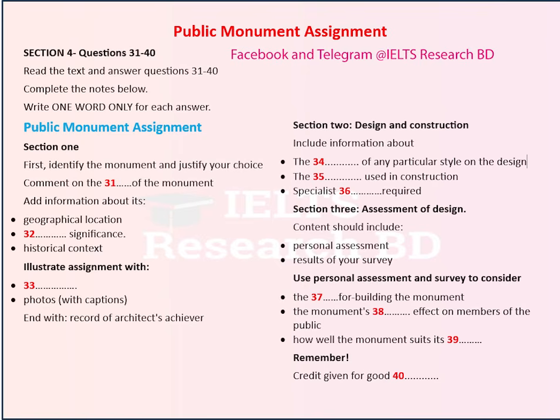Right. In Section 2 of the assignment, you'll need to give a detailed account of the design and construction of the monument. Firstly, I'll want to read about any particular influence you think is apparent in the design. More often than not, there will be something in it that links it to an established style, classical Greek, for example. Or it may reflect a movement, like Bauhaus or Art Nouveau.